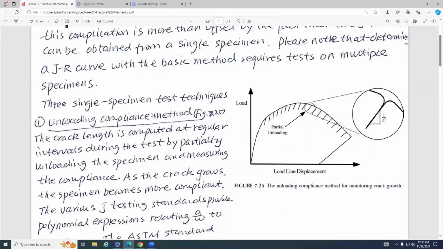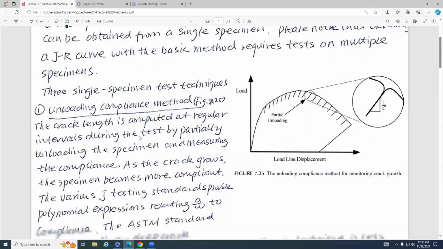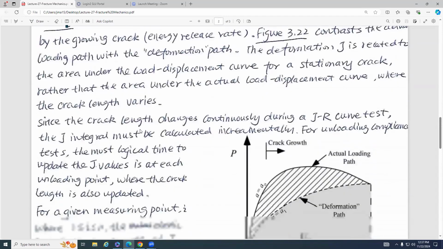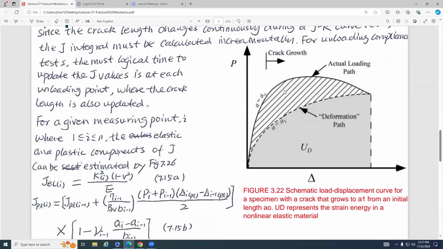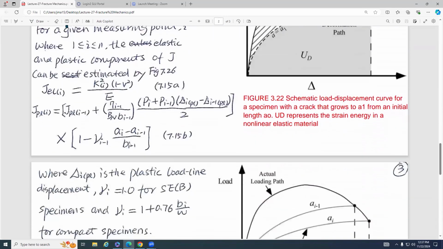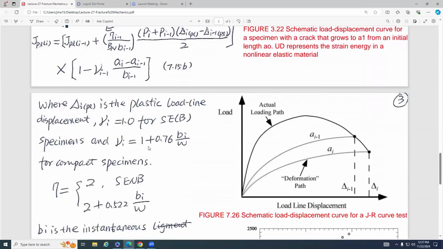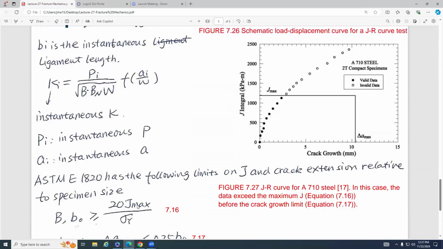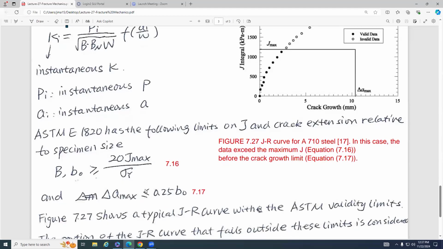How many single specimen test techniques have we talked about to measure the JR curve? Three. And what they are, you need to tell me. So these are the results here, right? And then the actual loading path, and what these equations are, and finally how to check the validity of your results using these two inequalities.